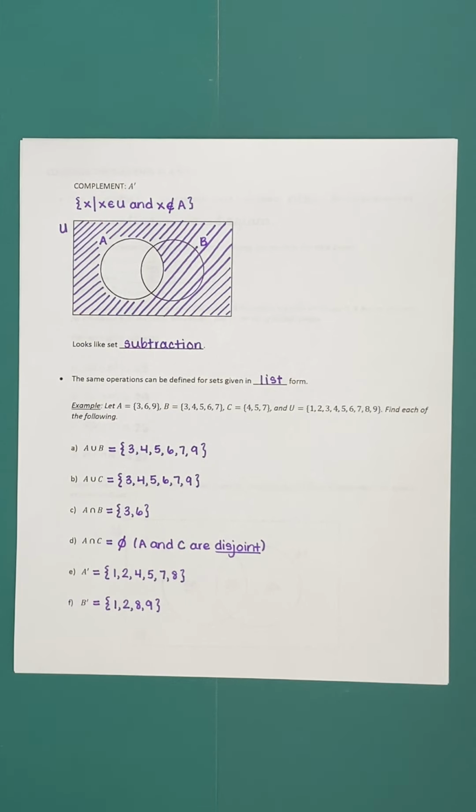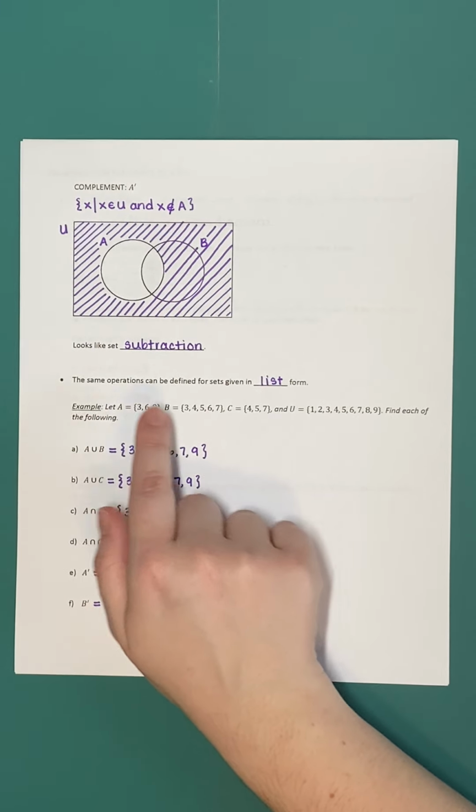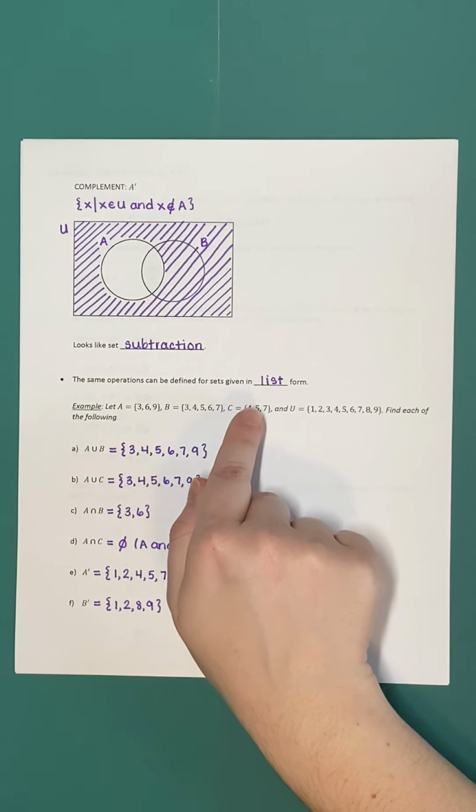We can do the same operations when our sets are in list form as well, though. It's kind of like the subset operation. So we're just looking for maybe things that our sets have in common. Maybe we're uniting two sets together. One thing that is going to be important if we want to execute these operations, though, is we can't just have a set A, a set B, a set C, however many sets we want.